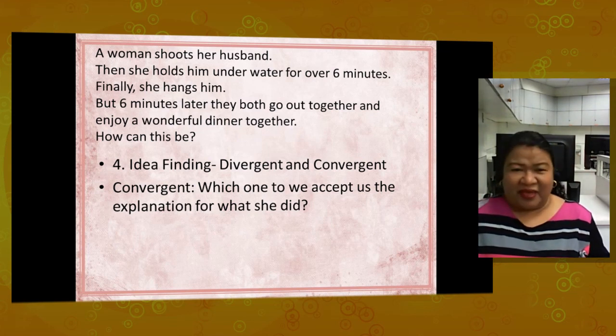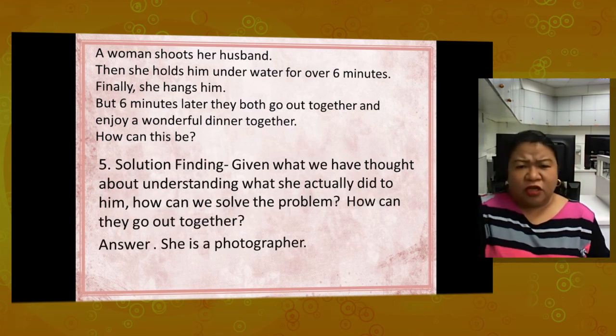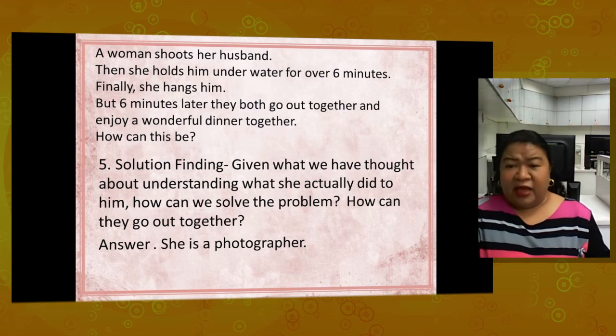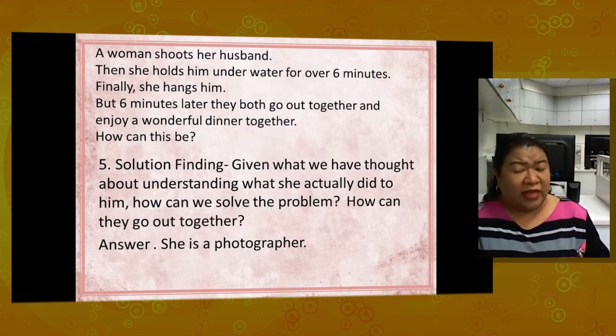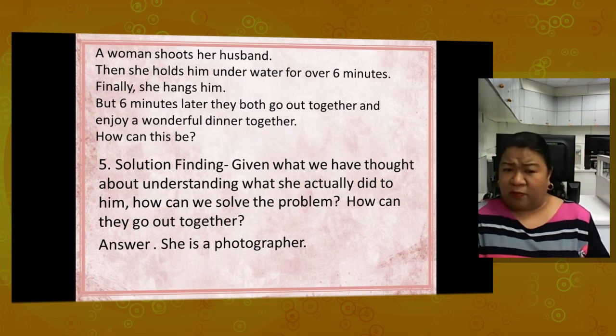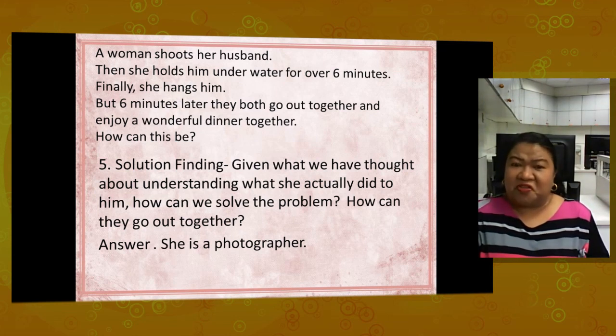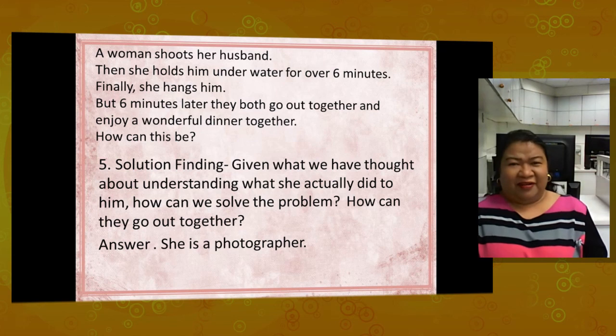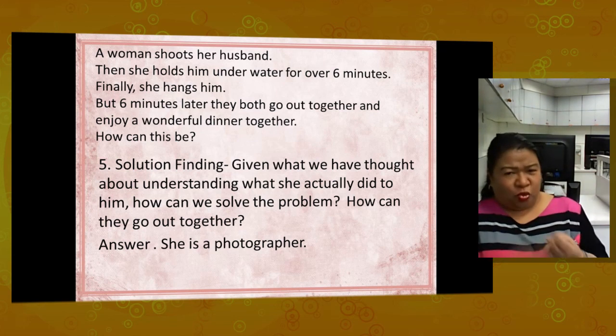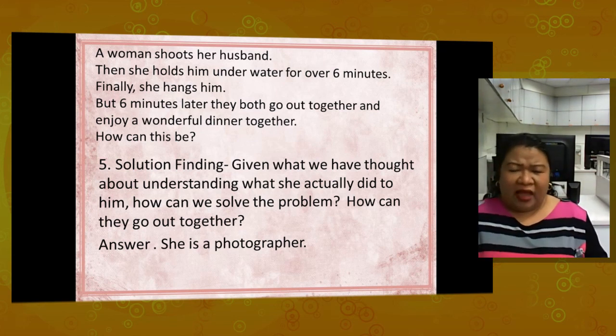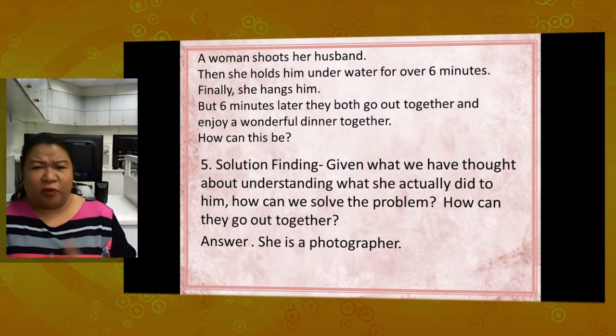And then fifth is solution finding. Given what we have thought about, understanding what she actually did to him, how can we solve the mystery or the problem? How can they go out together? Answer: she's a photographer. So when you look at shoot, you just take a picture now and print it.